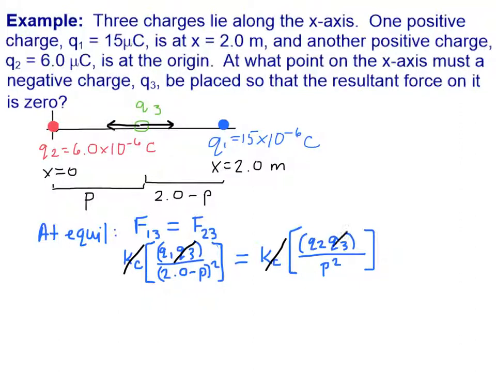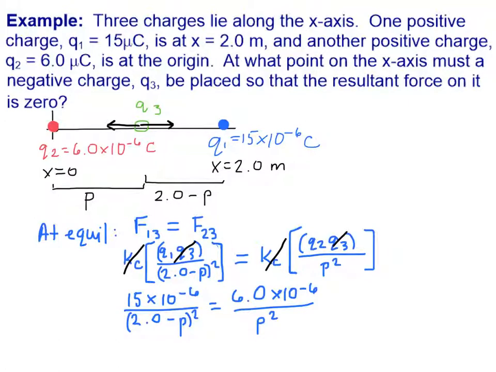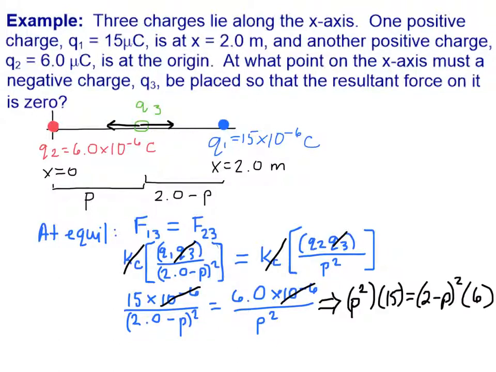So does charge 3. It doesn't really matter what the charge on 3 is. It cancels out on both sides. Now I can substitute values in for Q1 and Q2, and I can see that these also are like terms, so they will cancel out as well. If I cross multiply, I end up with this as my equation.